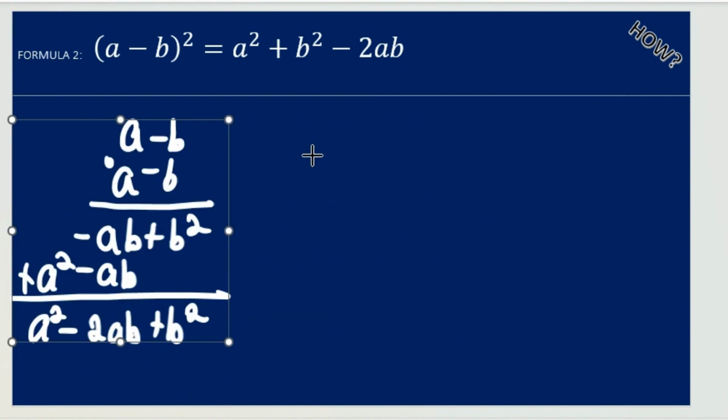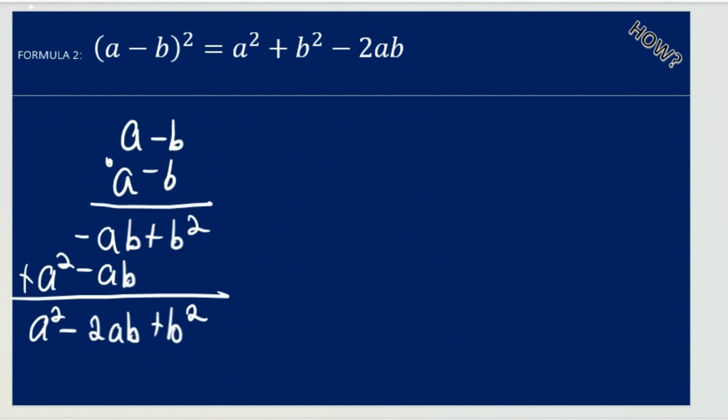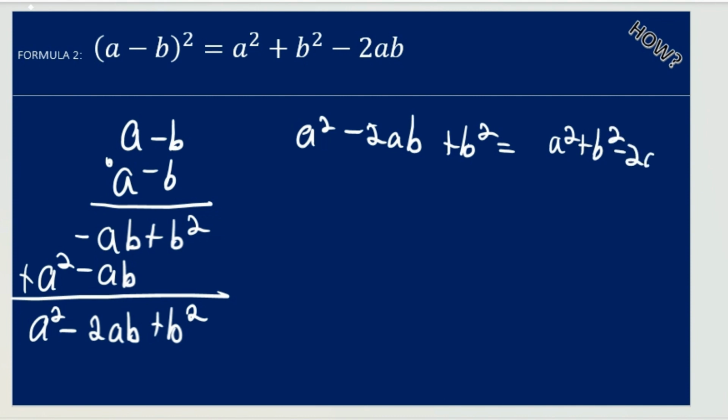So that's what we got after multiplying. So now, the left-hand side is going to be a squared minus 2ab plus b squared, equal to a squared plus b squared minus 2ab. Okay, so here is the left-hand side, and here is the right-hand side. And they gotta be equal, and right now they are equal.